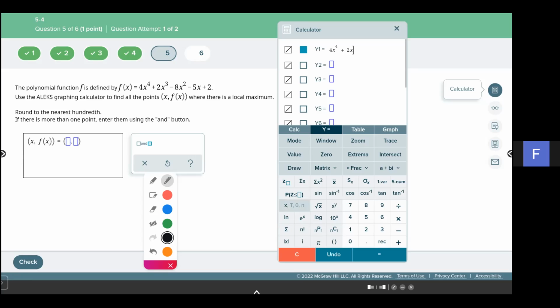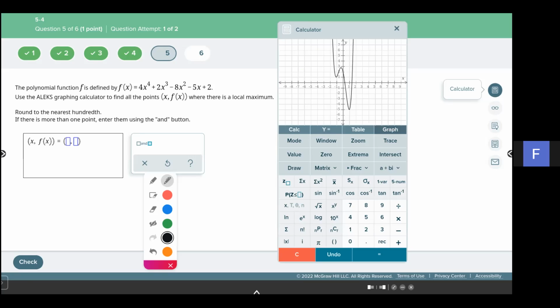Again, I'm going to let you guys know Desmos is going to be the way to go. Get out of the exponent. Minus 8x squared. Why is there not a squared button on this one? Minus 5x plus 2. All right, so I'm going to go ahead and graph that.